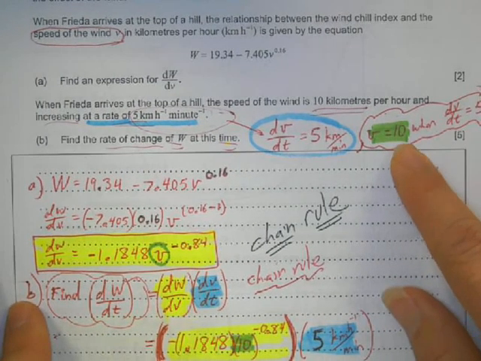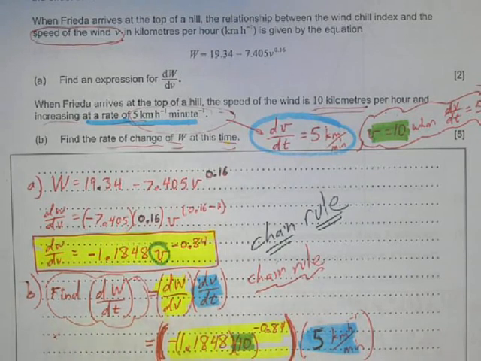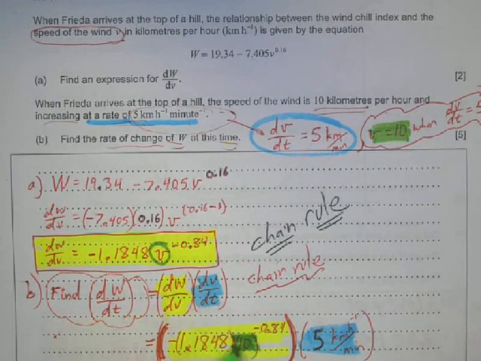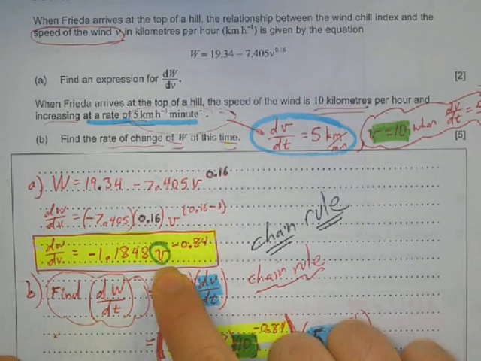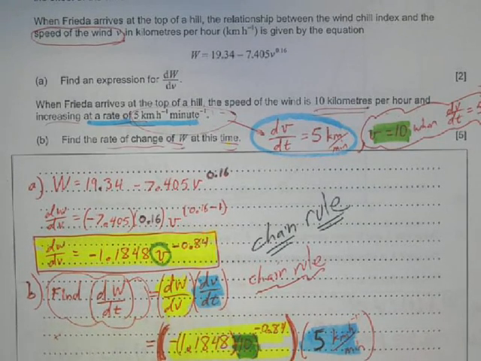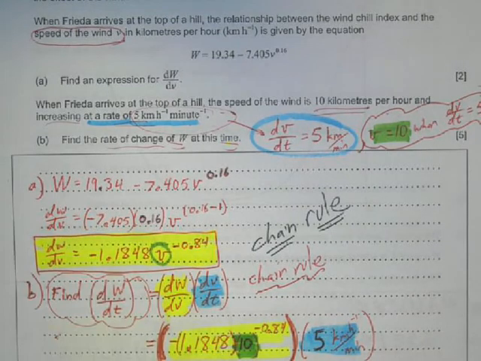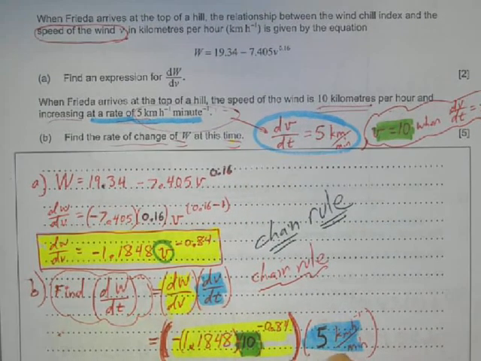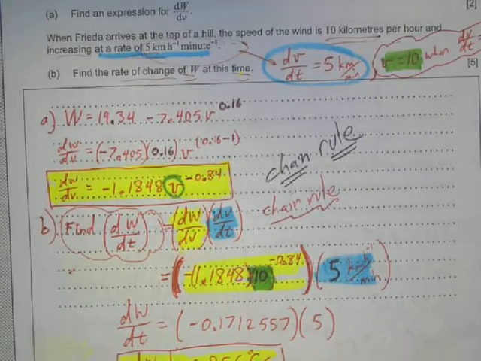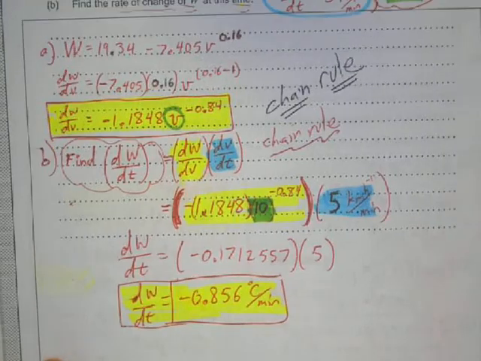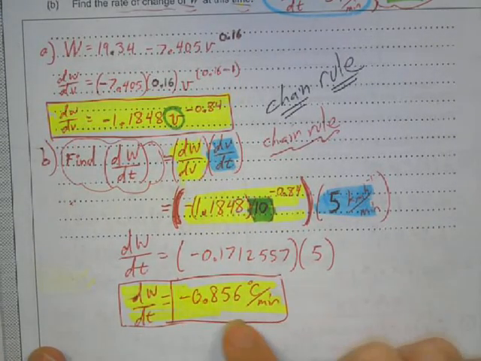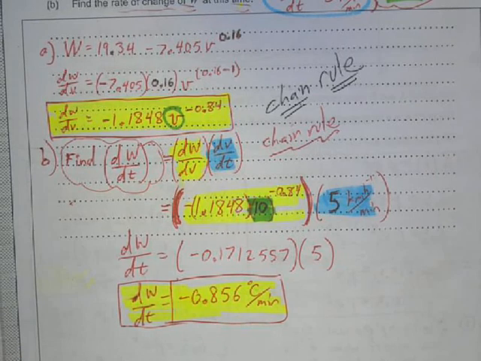Okay, so I'm going to replace the V right here with 10. Okay, so now I can put this into my calculator, and I end up with the change of W with respect to time is equal to this. I'm going to hit stop, and you can learn the rest of this in part 2 of this video.